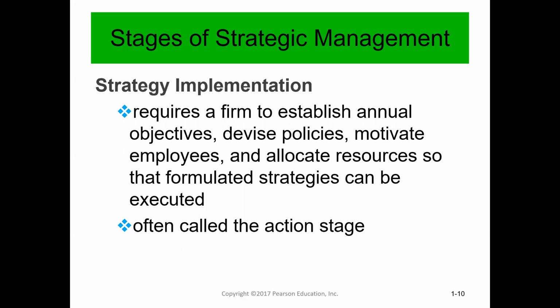And strategy implementation is often called the action stage. So when doing the STRAMA, this is really the most important, doing the annual objectives. Usually in most companies, there are two rounds of annual objectives.